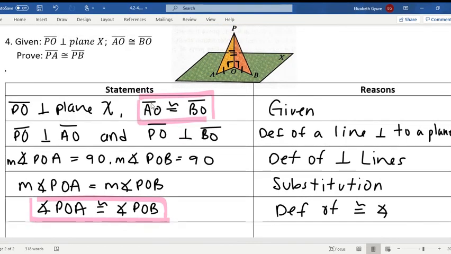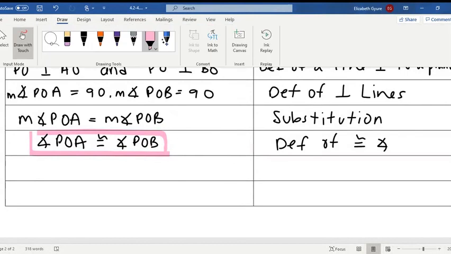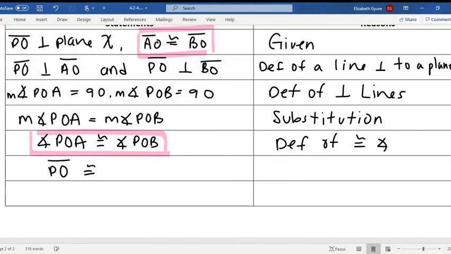We mentioned it at the beginning, but let's make sure we still remember. Julia? Yeah. Exactly. Segment PO is congruent to itself. We had a shared side. So we are going to say that segment PO is congruent to segment PO. What property lets you do that?